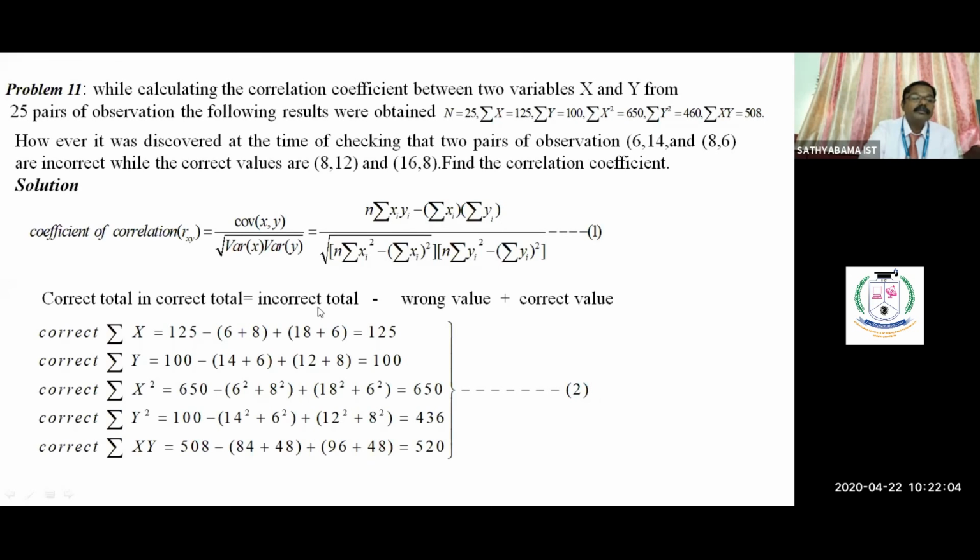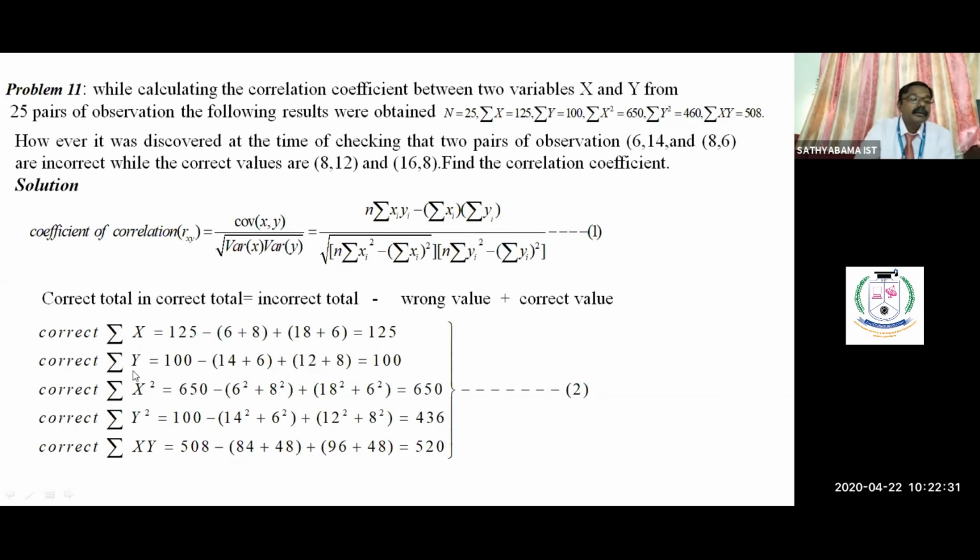This is the incorrect total, 125. First subtract the wrong value. This is the x value for the first pair. Second, add the corrected value. The correct value is 18 plus 6. So the corrected value is nothing but 125.